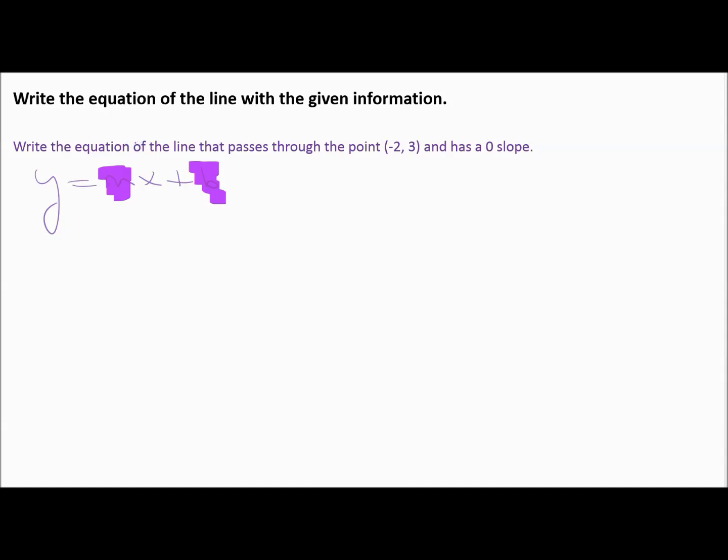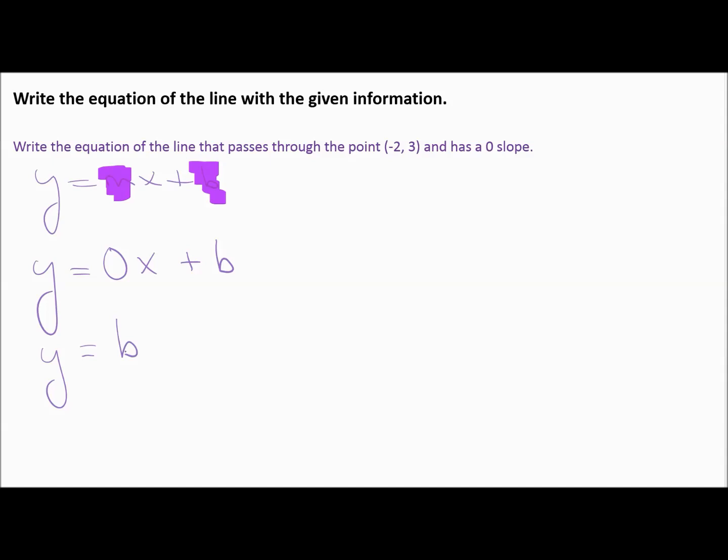So this time, notice we're given a point. That's an x and a y. We have an m. Our slope is 0. So let's do that. It's going to be y equals 0x plus b. Well, look what happens here. Okay, so that 0x was going to be 0 plus b, which is b.